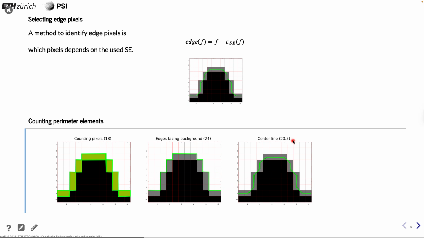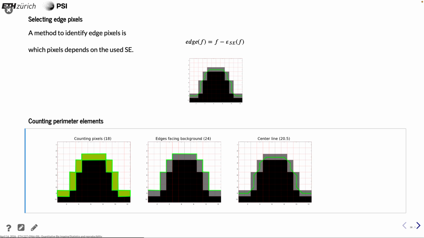The next option would be to take the center line through these pixels, and then we get 20.5. So depending on how you define it, you can get different perimeter lengths. And there are even more refined ways, where you can do some kind of polynomial or spline interpolation to be even more precise.